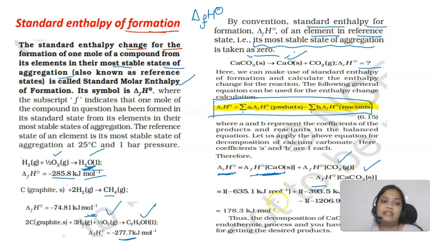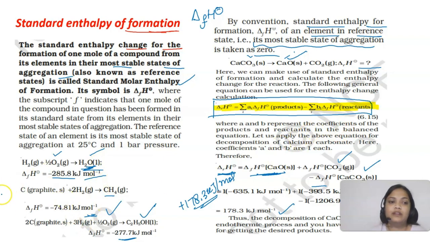So if we know these enthalpy of formations, I can calculate the enthalpy of this reaction. So this enthalpy is coming out to be plus 178.3 kilojoule per mole, means this much energy would be required to break down this calcium carbonate. Okay, means it's an endothermic reaction that we also get to know from here. All right, students.